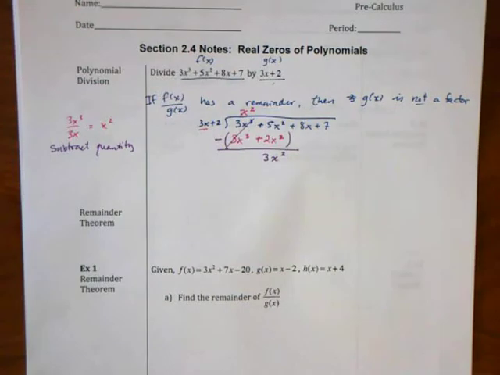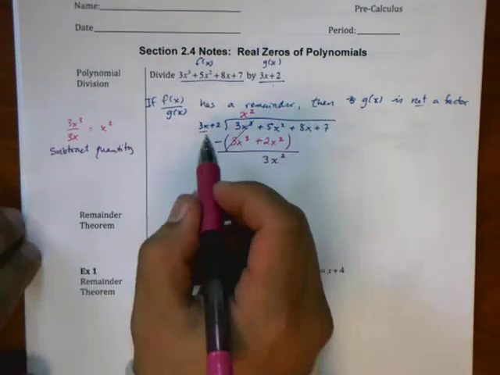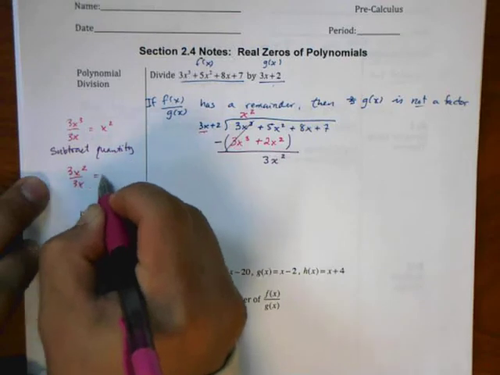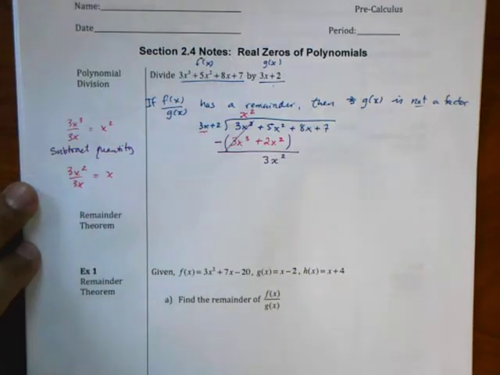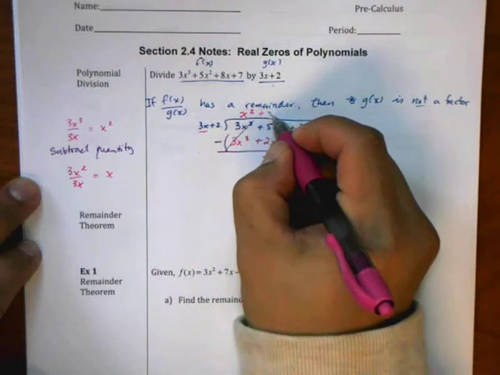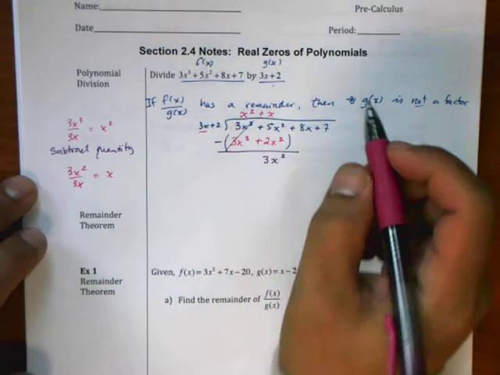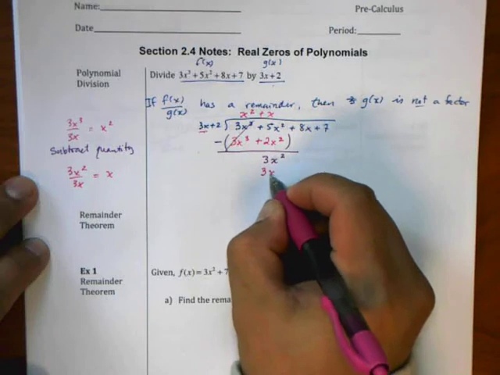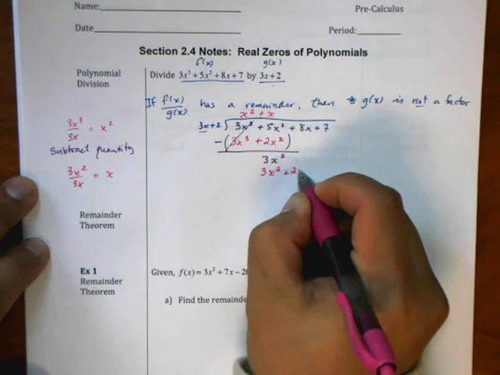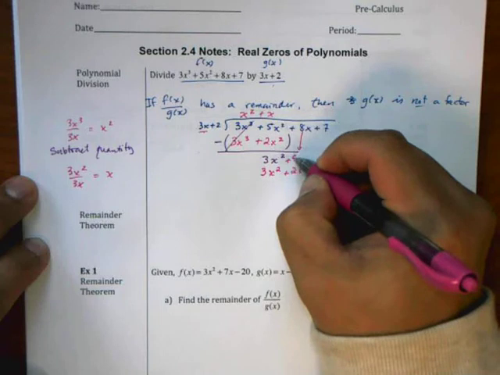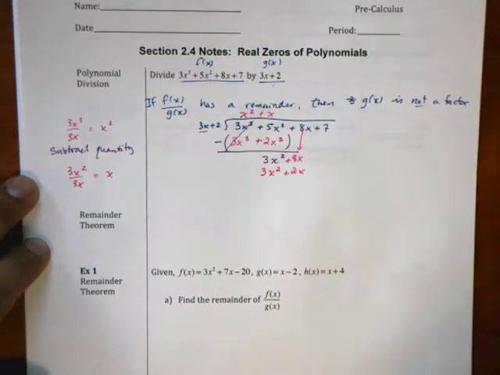And then we just repeat the process again. How many times does 3x go into 3x squared? That should give you x. Multiply. This gives us 3x squared plus 2x. Oh, and I forgot to bring down this 8 here. Excuse me for that. I'm supposed to bring down the 8.